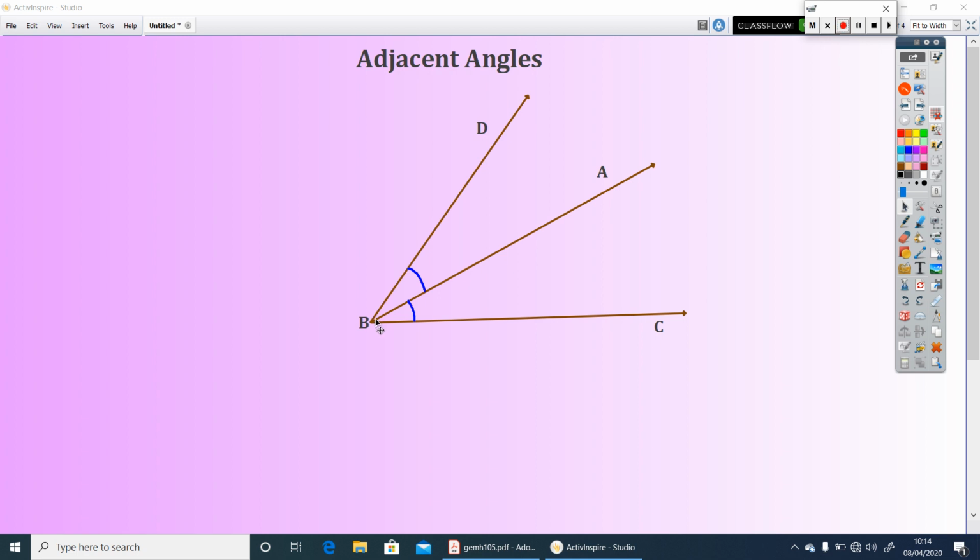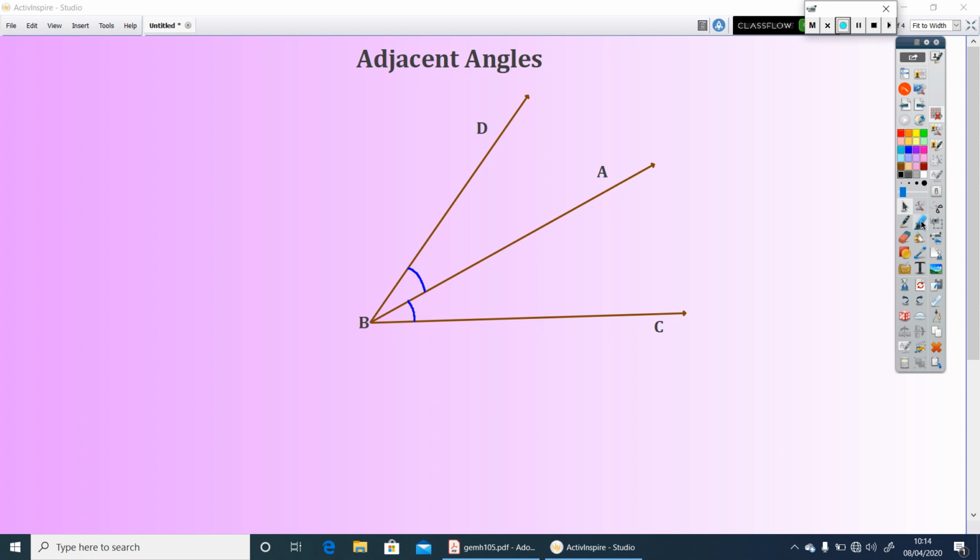That is, these arms BD and BC lie on either side of common arm AB. That is BD on one side and BC on the other side of AB. Such pairs of angles we can call adjacent angles.